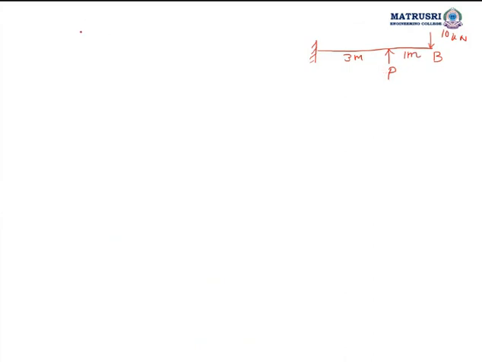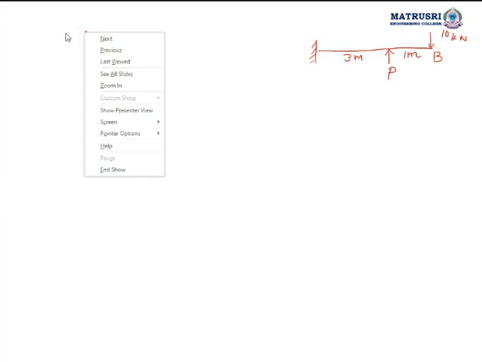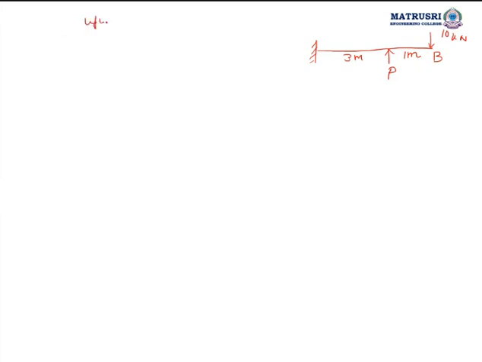So upward, downward, now the upward deflection. The upward deflection at B is equal to P a cube by 3EI. Only from here to here I required now. So P into 3 cube by 3EI, that will come to 9P by EI.